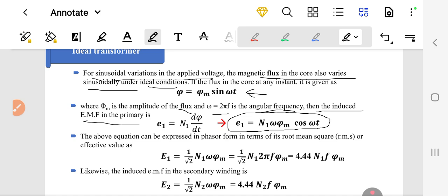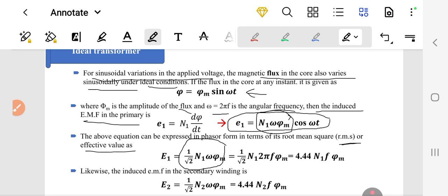The above equation can be expressed in phasor form, where we obtain the RMS value of the voltage, which is equal to the maximum value divided by root 2, as this is a sinusoidal waveform. So we divide N1 omega phi maximum by root 2.